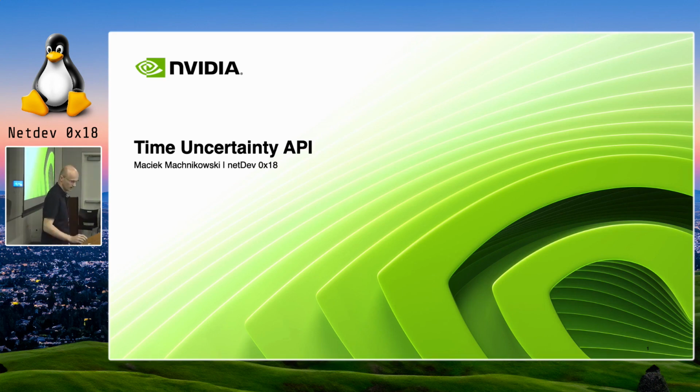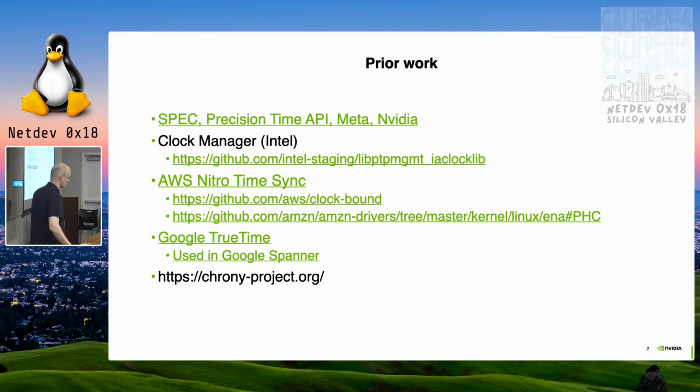I know that many vendors do a lot in this space because I already found some prior work on that. So here's the list of a couple of papers, work, and code that I was able to find about this problem.